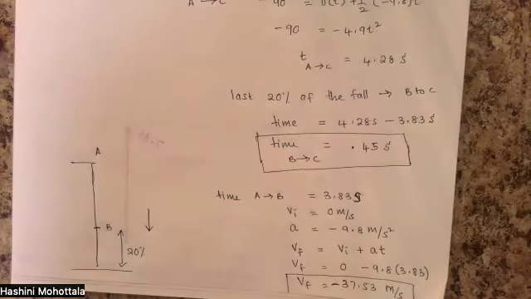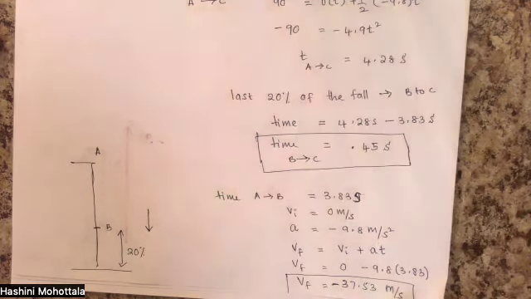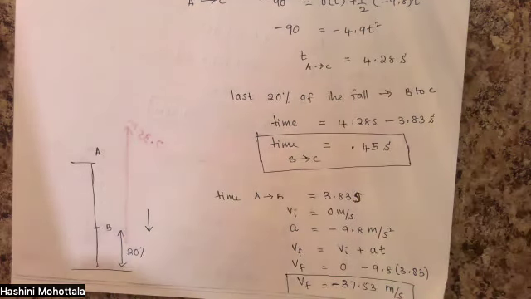is downward. And then the last part of the problem asks, what is the velocity when it reaches the valley beneath the bridge?